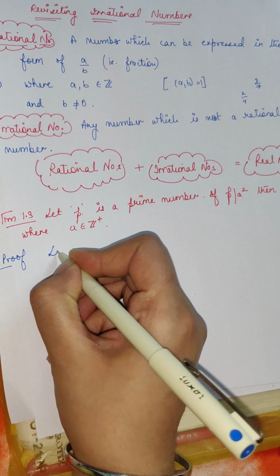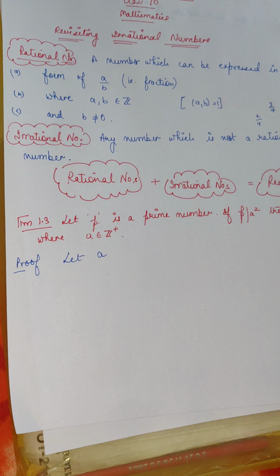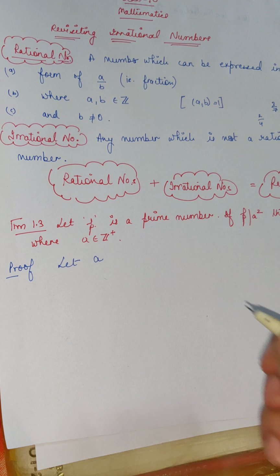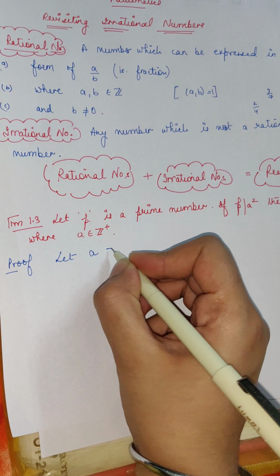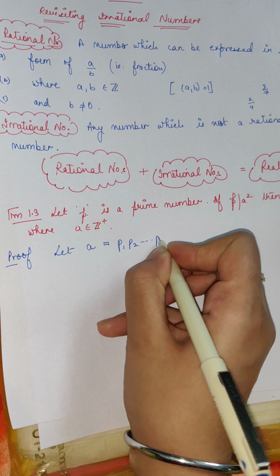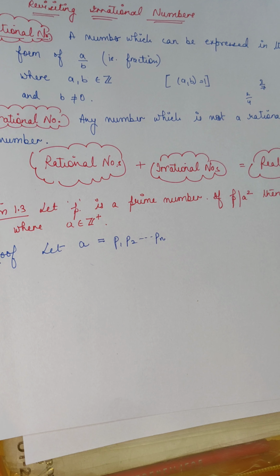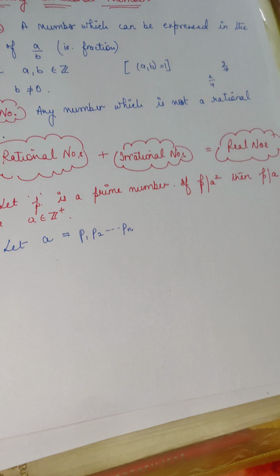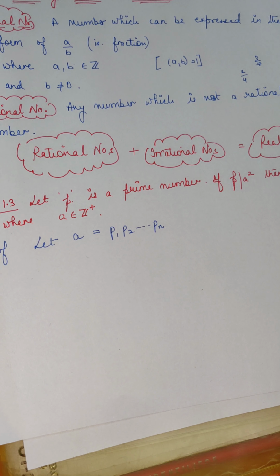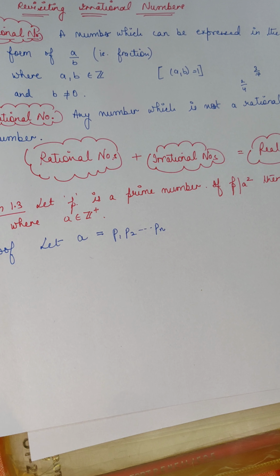So let us assume that a is any positive integer which can be written in the form p1, p2 up to pn by prime factorization, the fundamental theorem of arithmetic, which we have done in the last section 1.2, right?